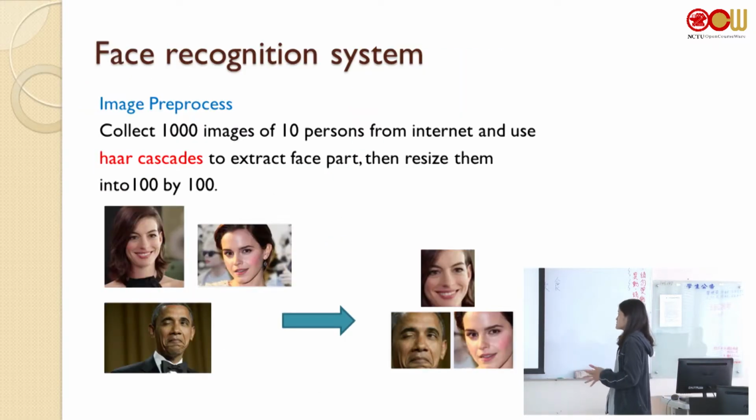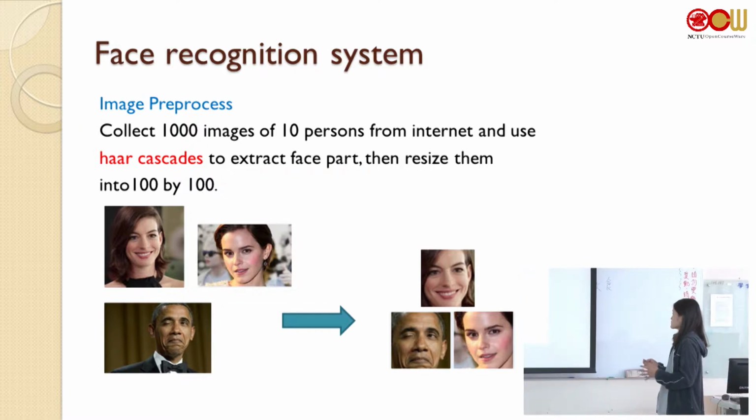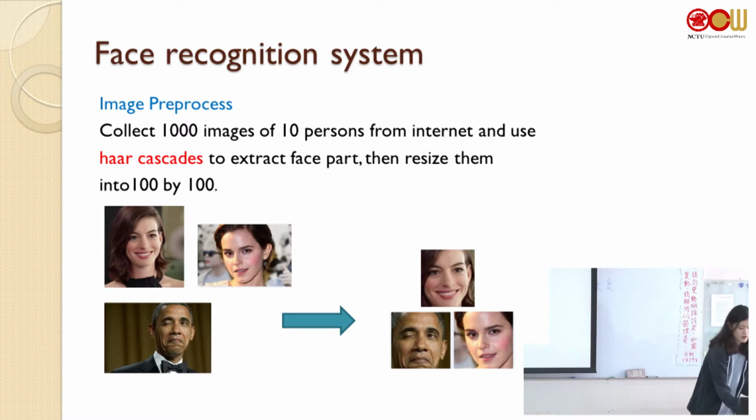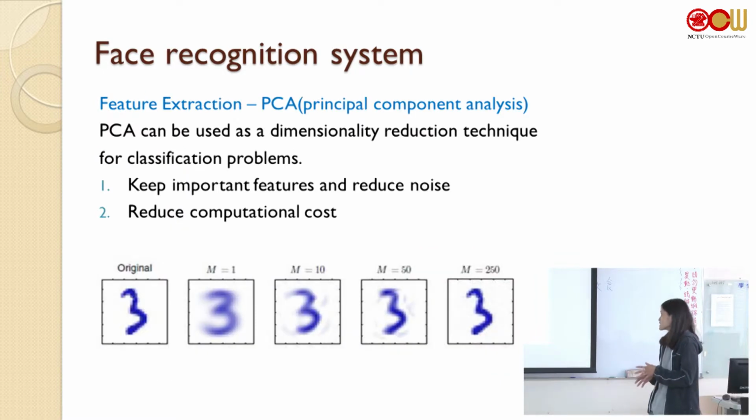This is the face recognition part. We collect some images from Google and use Haar cascade to extract the face part. Then we resize the images to 100 by 100 and use them as our input data. In the feature extraction part, we use PCA, Principal Component Analysis.